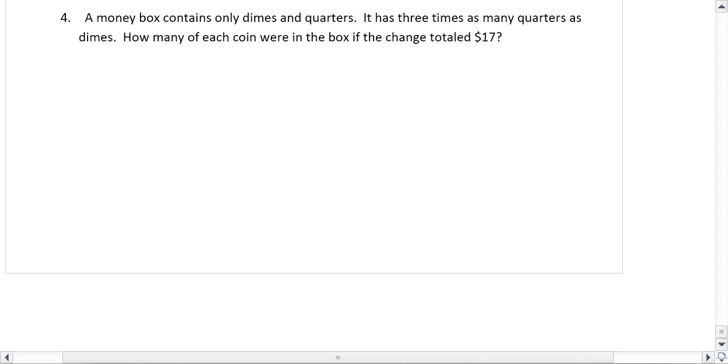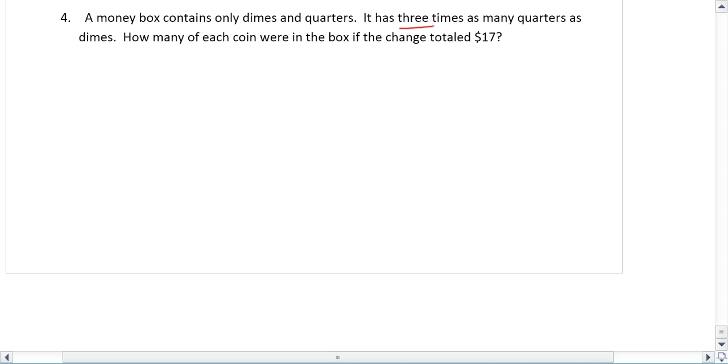In doing this example, you will see why we wanted to talk about the value of the coins. A money box contains only dimes and quarters. It has 3 times as many quarters as dimes. So we want to pick the x here to be the item that we know nothing about.